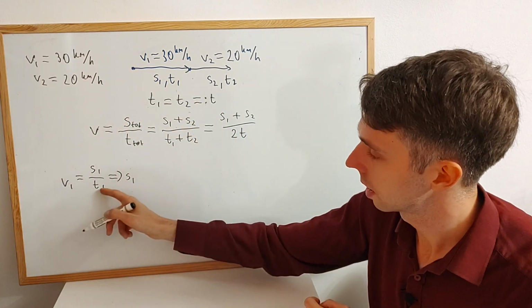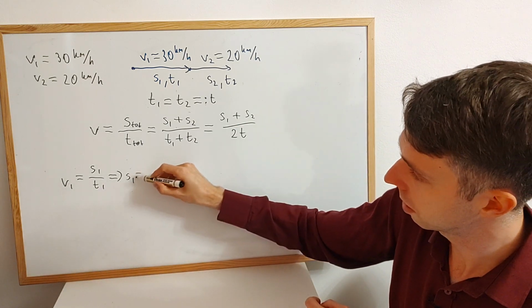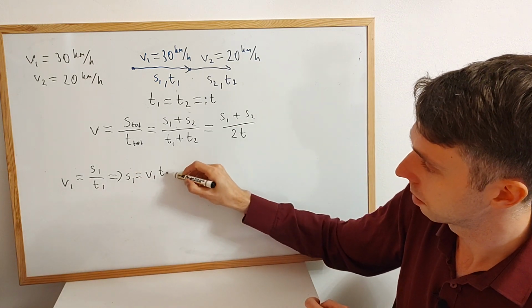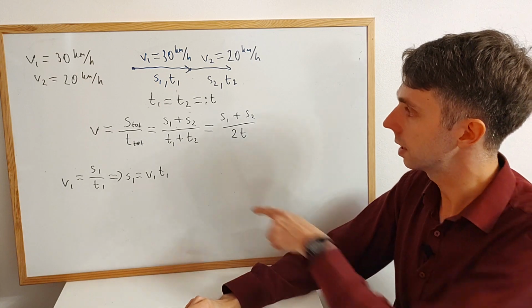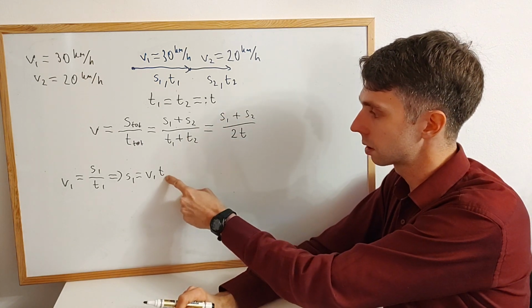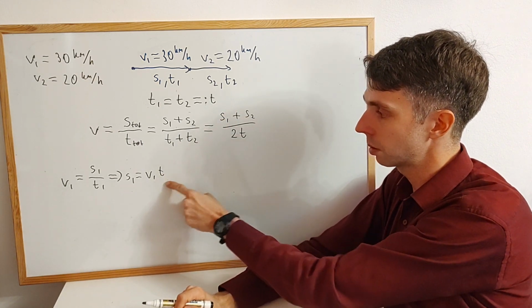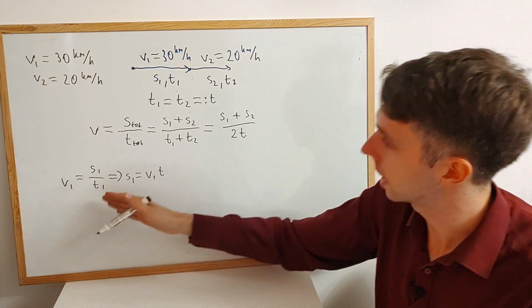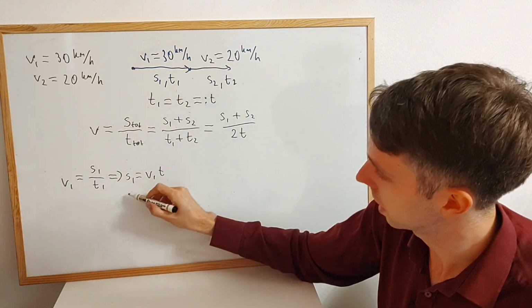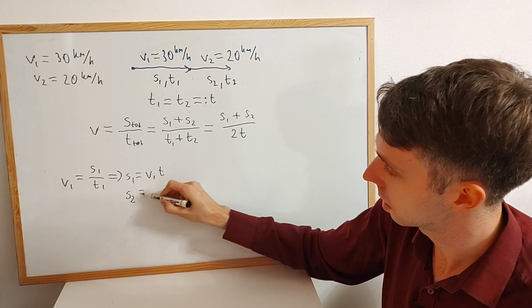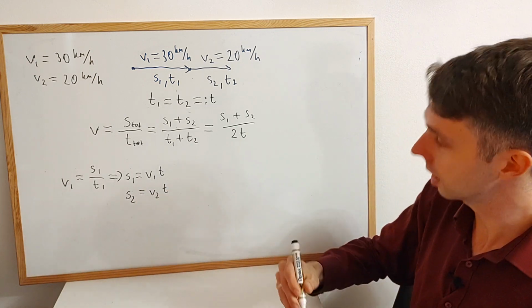So s1, from speed times time, is just v1 times t1, and t1 is t, so s1 is v1 times t, and by analogy for the second part, s2 is v2 times t.